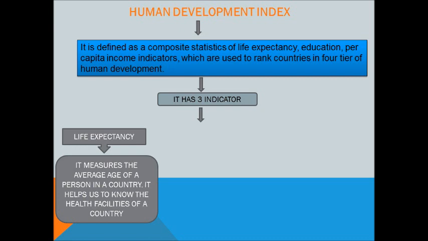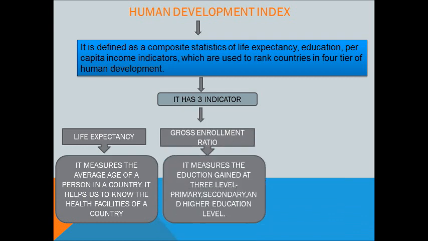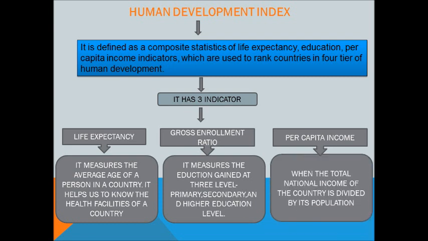It helps us to know the health facilities of a country. Second, gross enrollment ratio. It measures the education gained at three levels: primary, secondary and higher education level. Third, per capita income, when the total national income of the country is divided by its population.